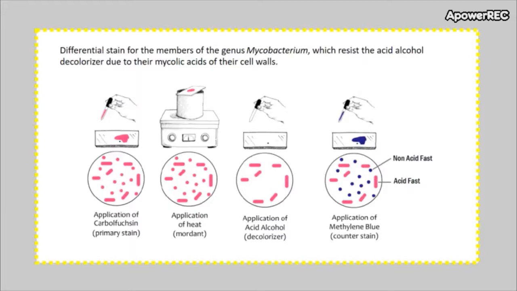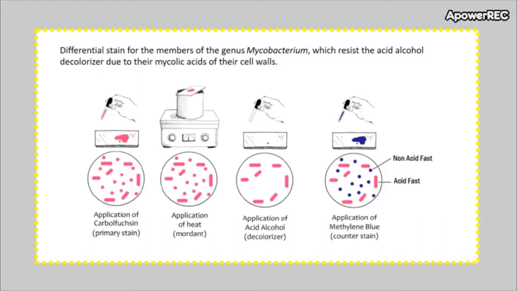But an acid-fast stain is used to stain the genus Mycobacterium, which are resistant to acid alcohols, which are used as a decolorizer. And that's due to their mycolic acids. As you might remember, they have mycolic acids in their cell walls.